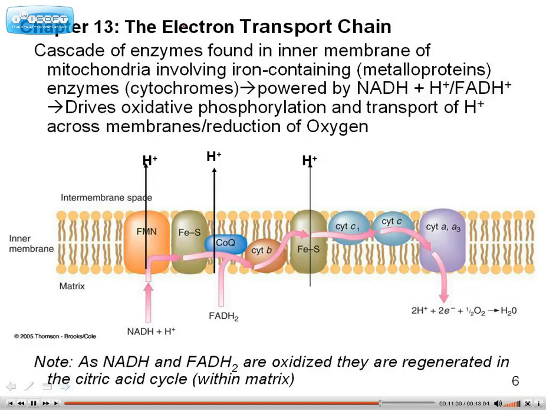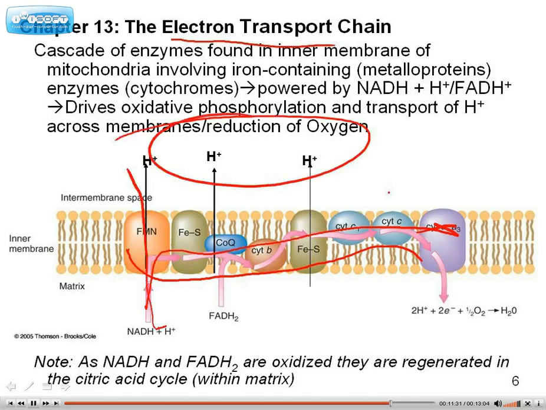Here's a nice picture summarizing the electron transport chain. Here we've stuck together both the NAD and FADH2 metalloproteins all together. And as they donate their electron pairs through, they turn on the metalloproteins again. These metalloproteins serve as hydrogen pumps, forming high amounts of hydrogen ions in the intermembrane space.